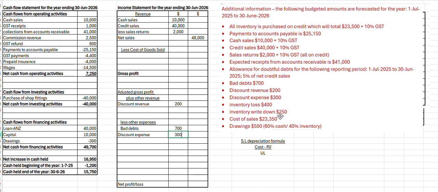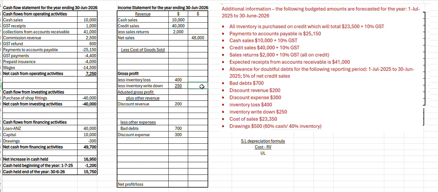Inventory loss, inventory write-down. These appear between our GP, which is our revenue minus our COGS, and our adjusted GP. So we're going to less the inventory loss, and we're going to less our write-down. So these were part of the Unit 3 course. Alrighty. So we had 400 and 250.